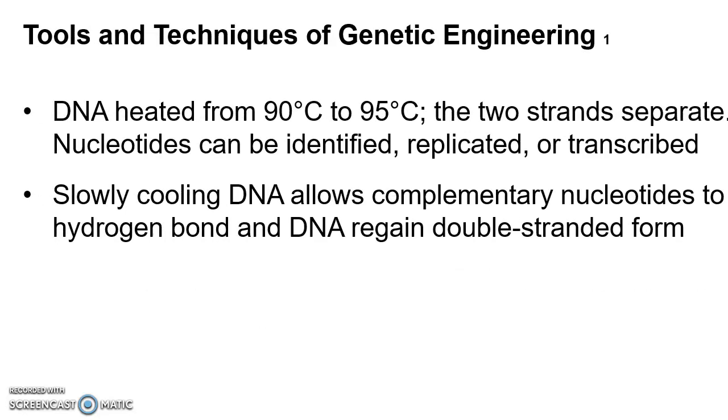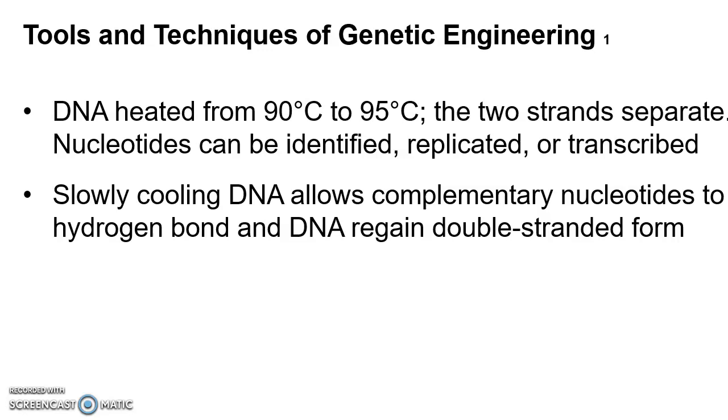Some of the tools and techniques of genetic engineering include the basic knowledge that if you heat DNA to 90 degrees Celsius to 95 degrees Celsius, it will cause the two strands to separate. Nucleotides can be identified this way. They can also be replicated or transcribed.